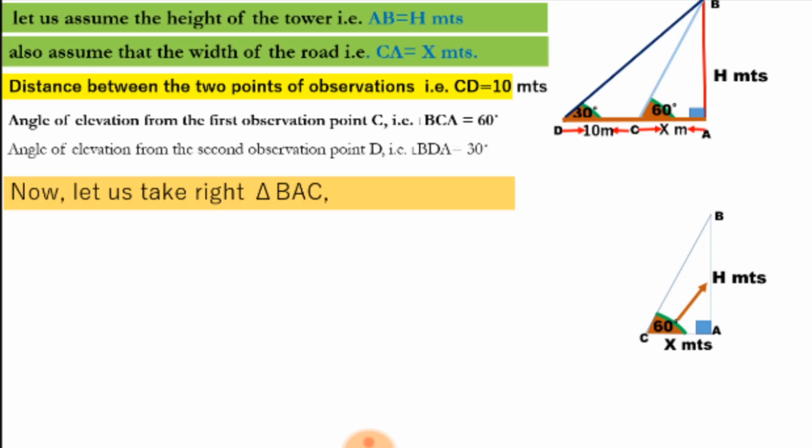Now we need to calculate a relation between these two using a trigonometric ratio. Here h and x are the opposite and adjacent sides, so we can consider the tan ratio.